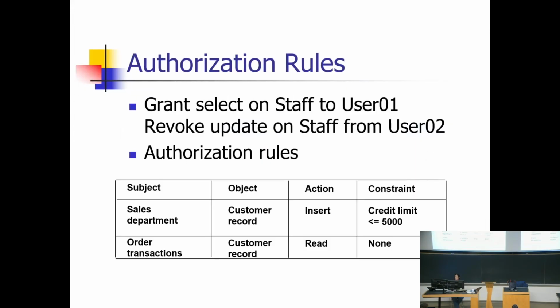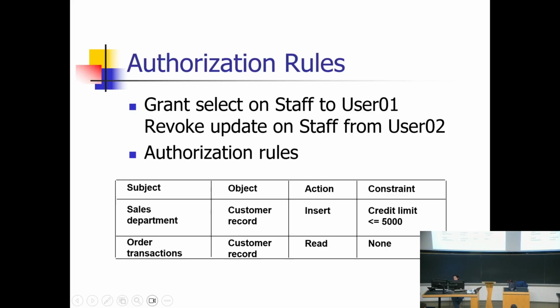Now, this is how those permissions become rules. For example, we can grant and revoke, or cancel, the operations. As you see here, these two actions, insert and read, are for different subjects and different objects.